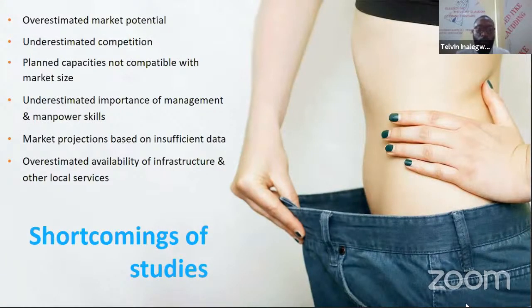Most times when people do feasibility studies, they will have issues with overestimated market potentials, because you heard that people buy phones. Now you want to go into the business of phones. You say you are going to generate a lot of profit, and that is going to be a viable business and is going to stand the test of time, without looking at some of the factors that will affect the market potentials.